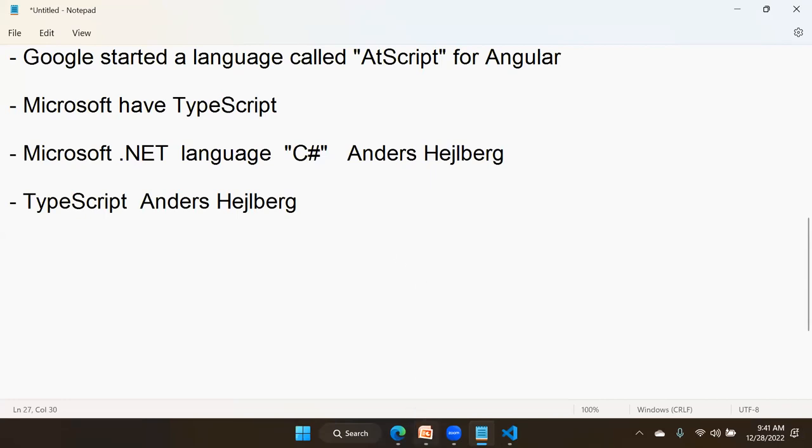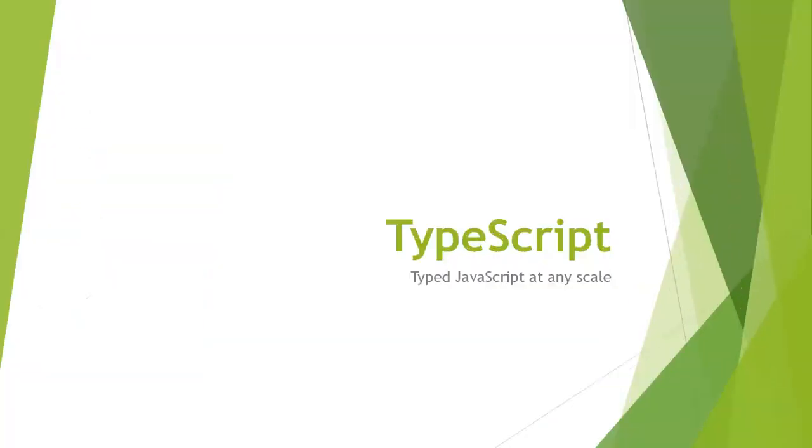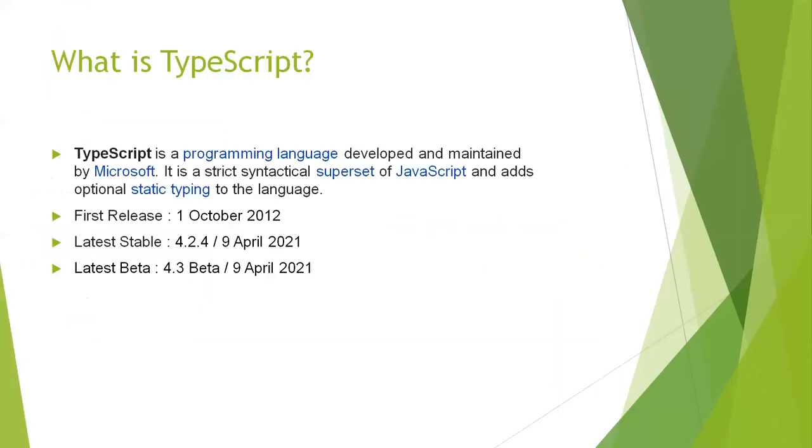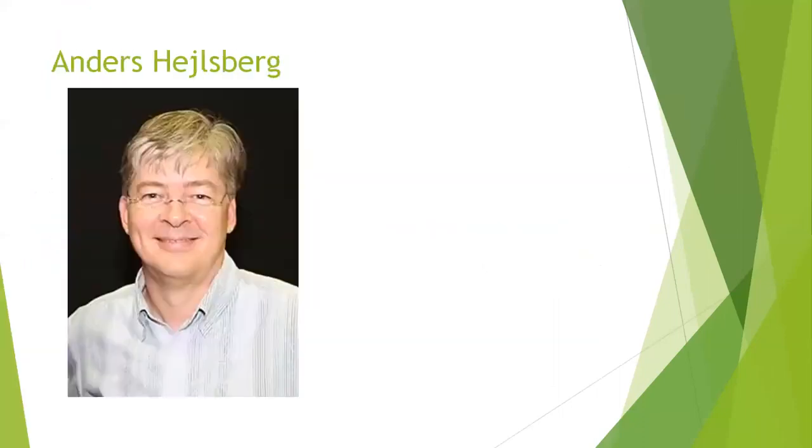So actually, you can see, this is Anders Hejlsberg. He is the architect of the language called C# in .NET, and he is the architect of TypeScript. He designed C#, and he designed TypeScript.